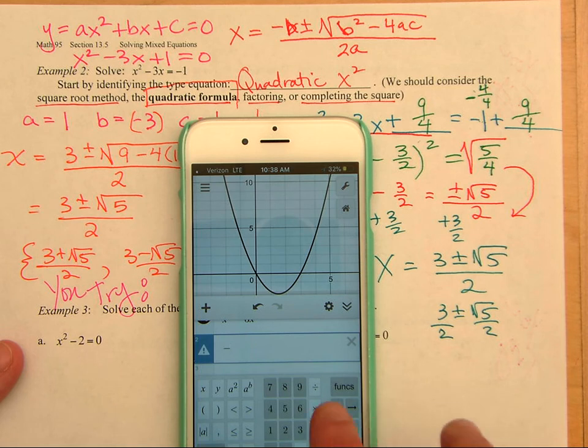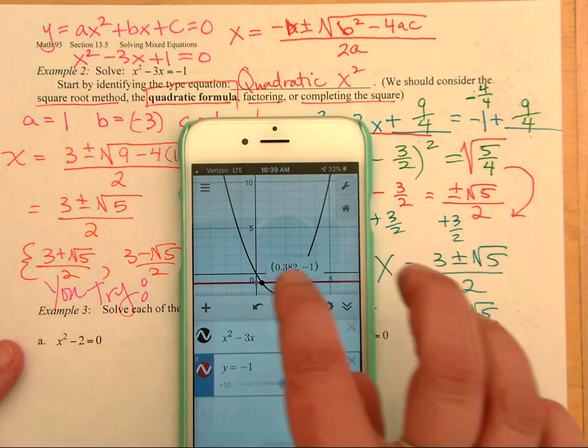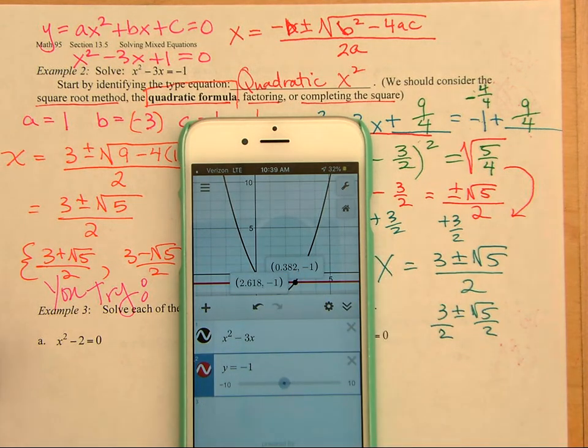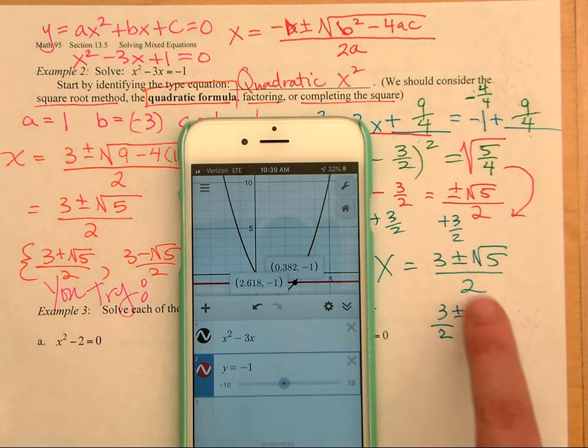This one I will go y equals -1. And you can see those 2 points of intersection. Now, when I click on those points of intersection, it's actually giving me decimal values. How am I going to know that this decimal value is equal to this? How do I know if I did it right?